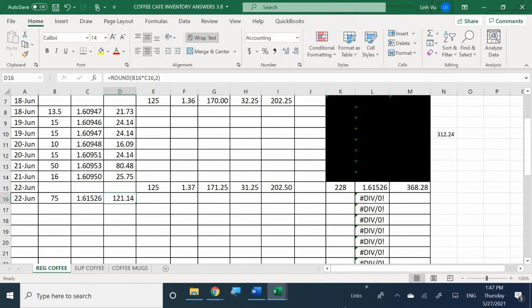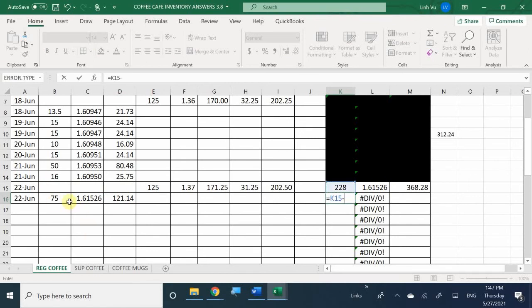Now we go over to our quantity on hand. It'll be 228 minus the 75, which gives us 153 pounds.